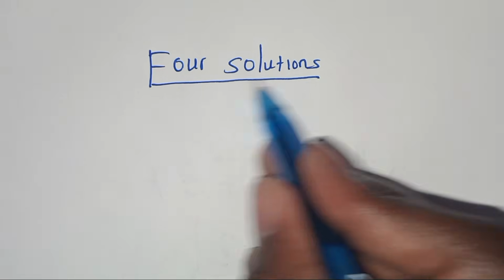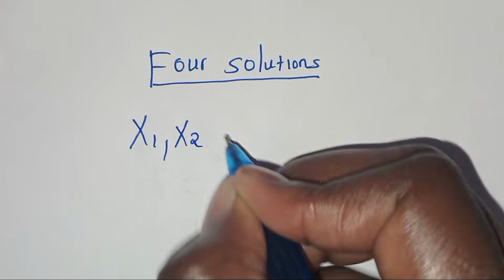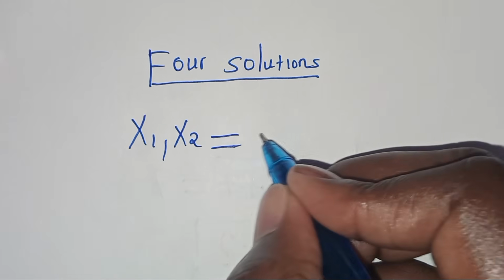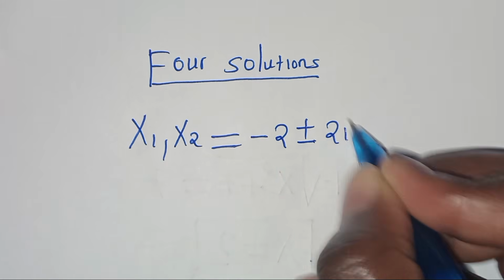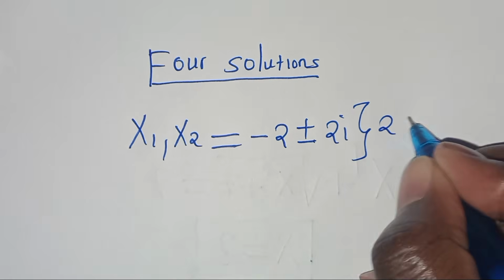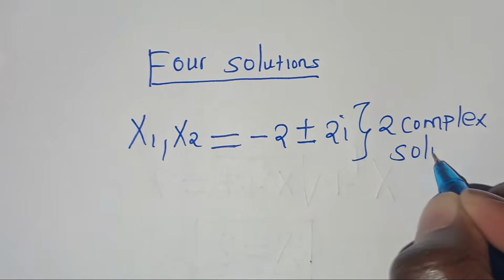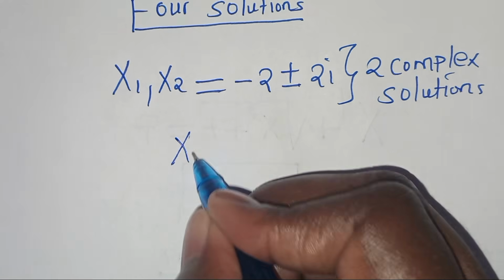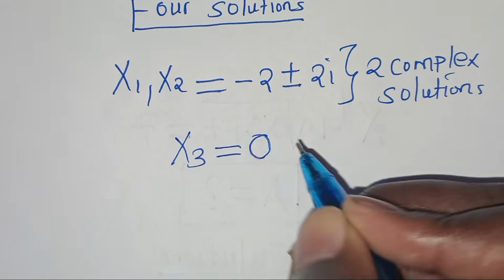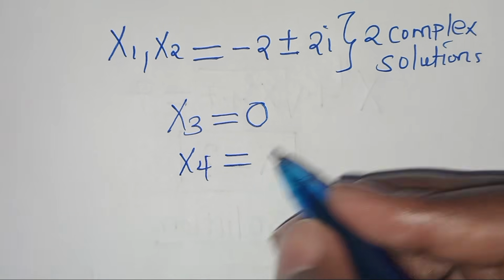Now we have 4 solutions here: x1, x2 equal to minus 2 plus or minus 2i, which are two complex solutions, and x3, which is equal to 0, and x4, which is equal to minus 4.